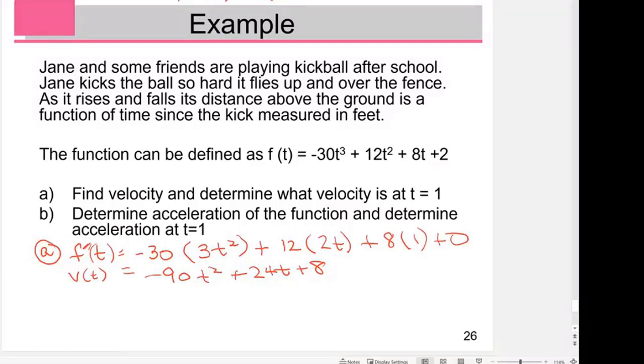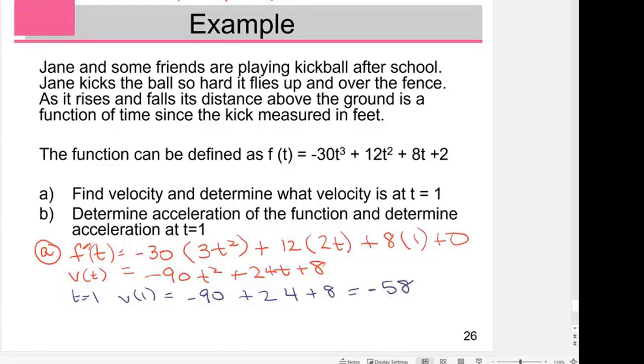And now we want to know what it is when t equals 1. When t equals 1, we get v of 1 equals negative 90 times 1 squared, which is still negative 90, plus 24 times 1 plus 8 is negative 58.